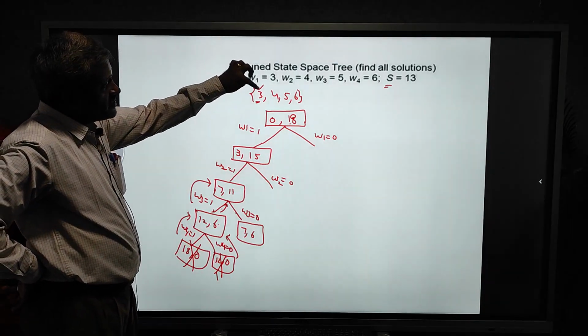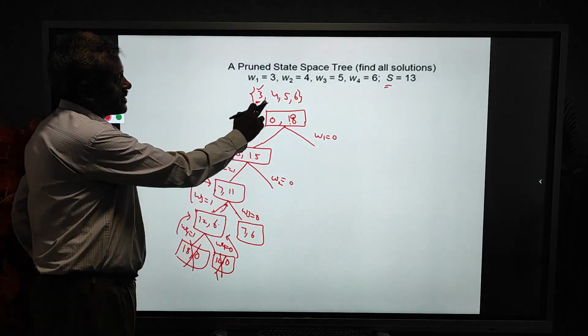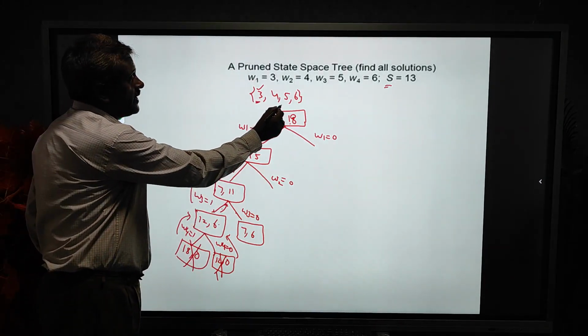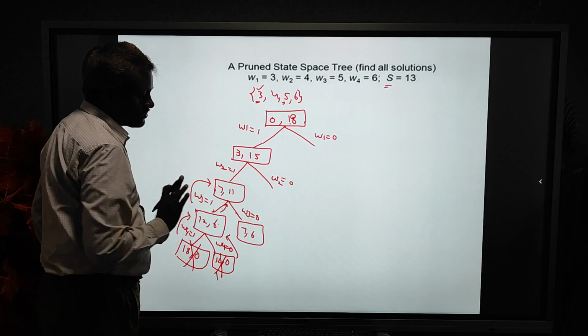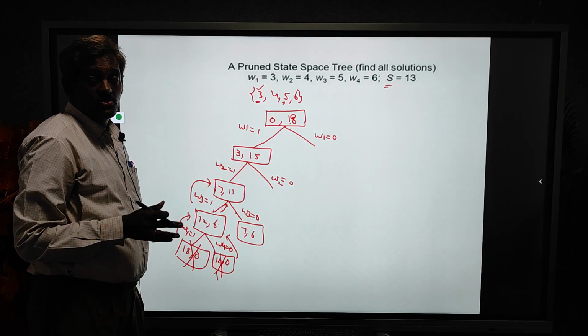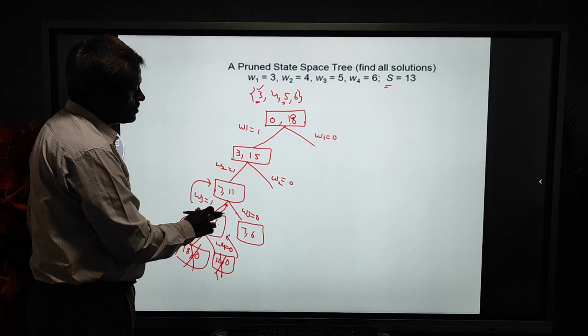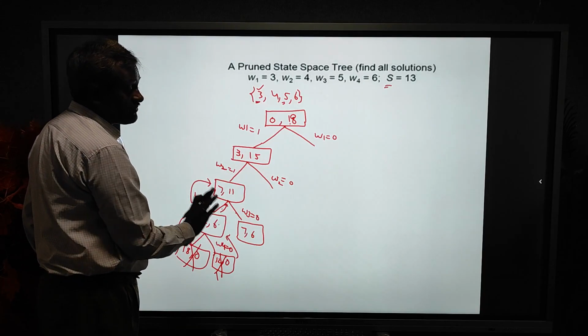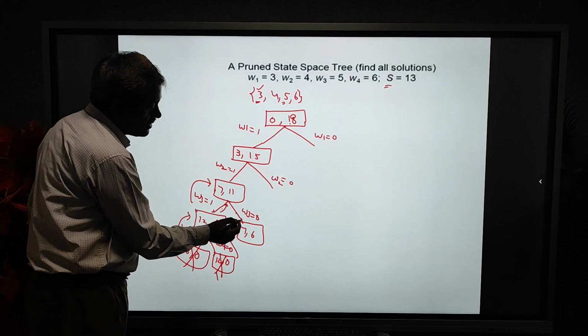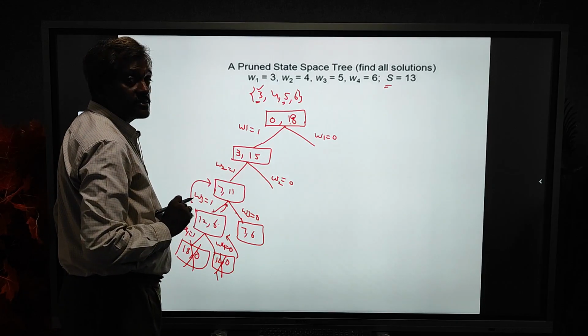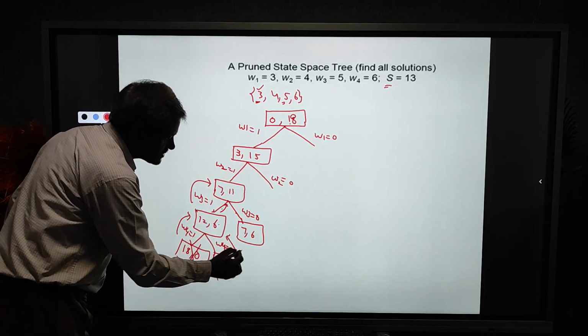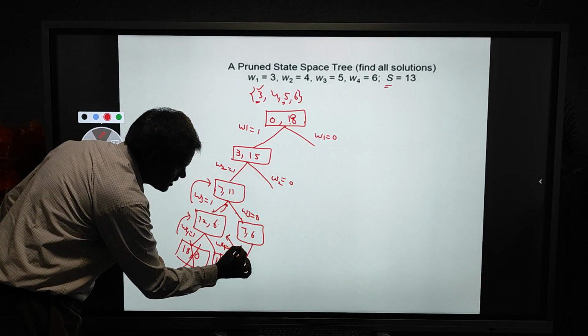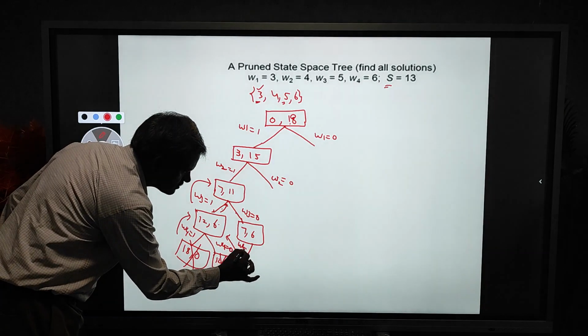Why? Because I considered W1, I considered W2, I didn't consider this one if I am coming by this route. Further also nowhere am I going to consider that. So the sum up to here is 7, and what remains to be considered is 6. Okay, now again I will try to consider W4.